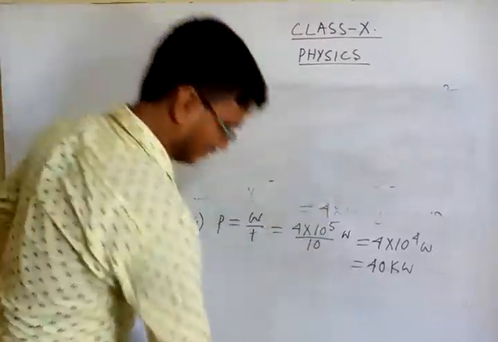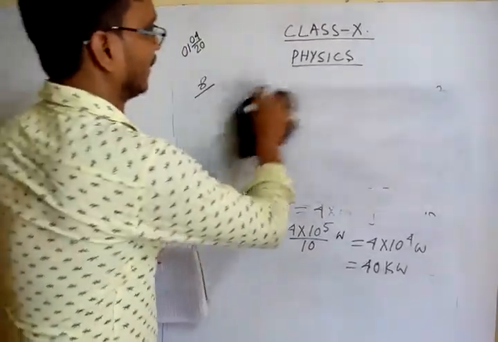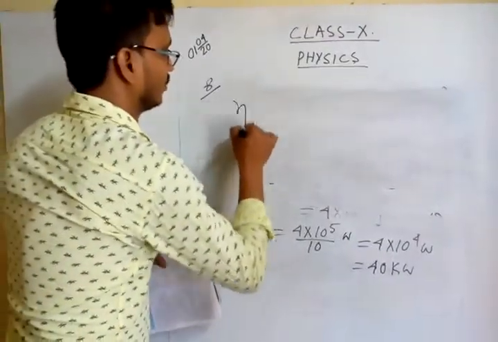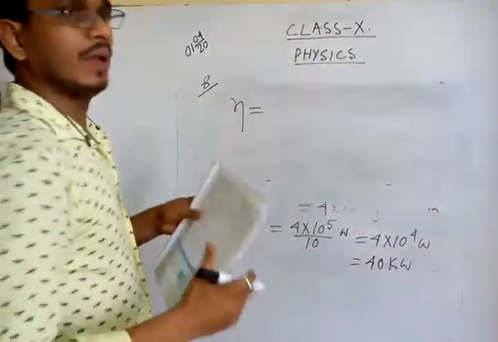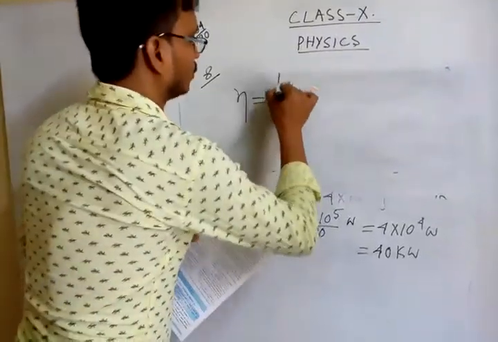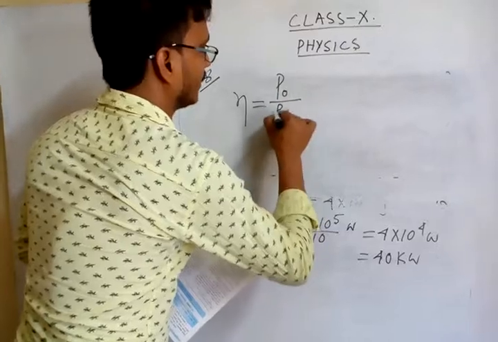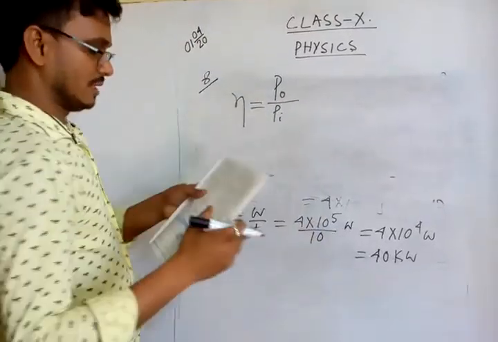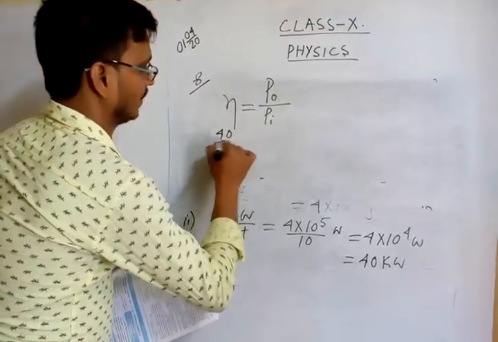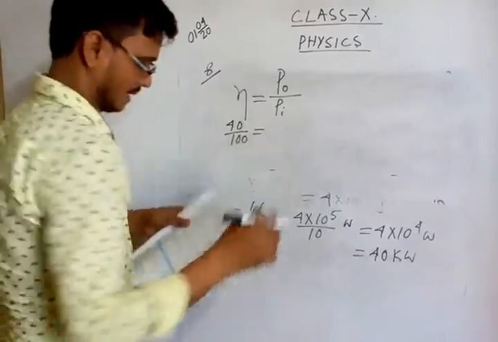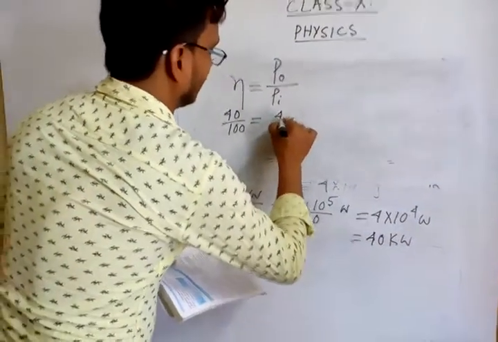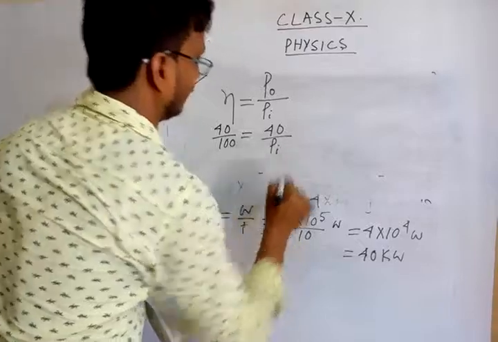Efficiency is written with the symbol eta, equal to power output by power input. The efficiency is 40%, which means 40 by 100. And the power output, as you already calculated, is 40 kilowatt, so 40 by P input.